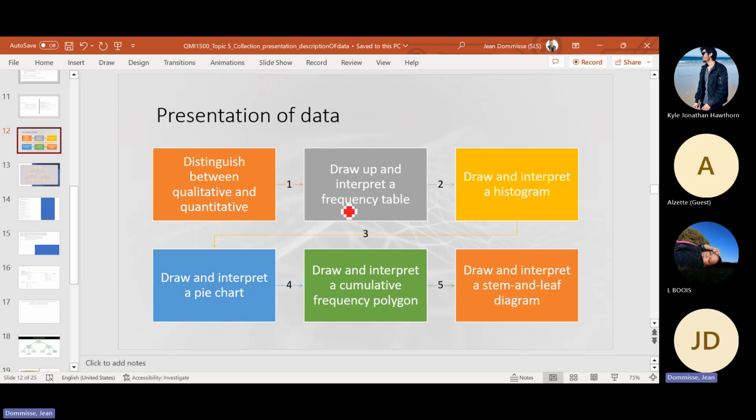Then the next step is, how are we going to draw up a frequency table? I'm going to show you that. Then the other thing is how to draw and interpret a histogram. The same, draw and interpret a pie chart. So basically, these are all the tables that they can ask you.